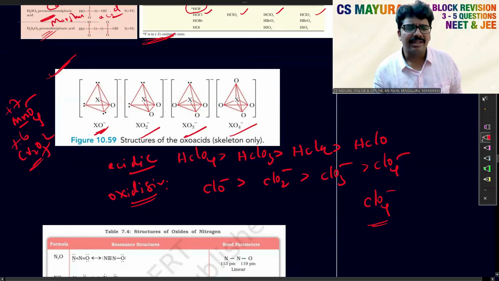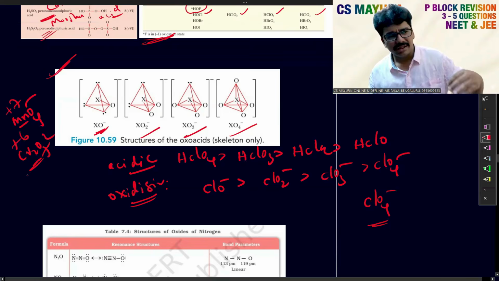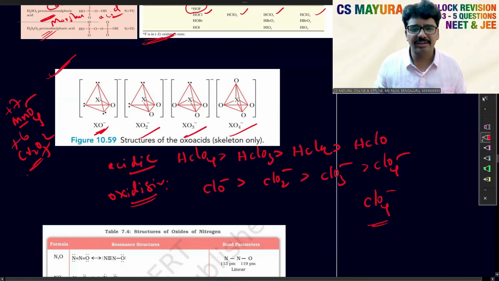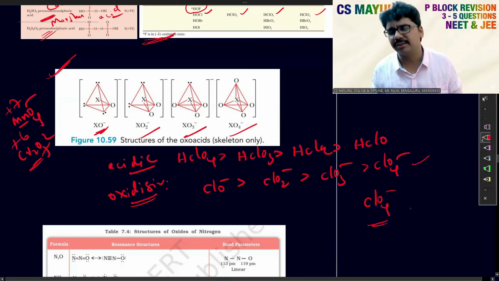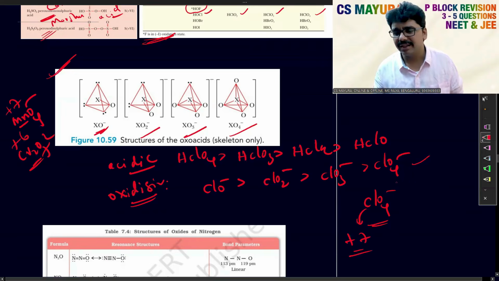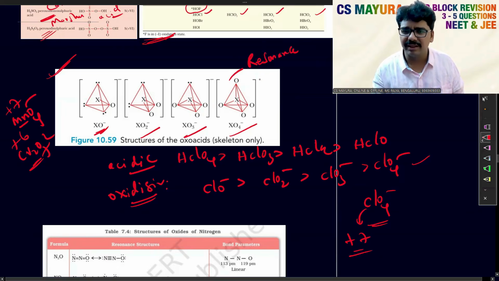Dichromate, chromium +6, strong oxidizing agent, right? So if the element is at its highest oxidation state, it is a strong oxidizing agent, but here we have an exception. In ClO4-, chlorine oxidation state is +7, the highest, but it is not a strong oxidizing agent. The reason is that ClO4- is stabilized by resonance.